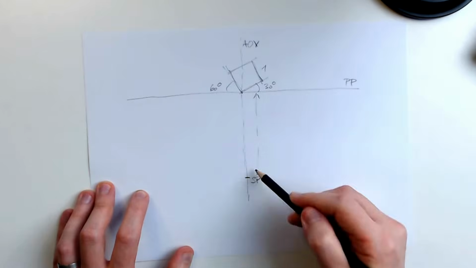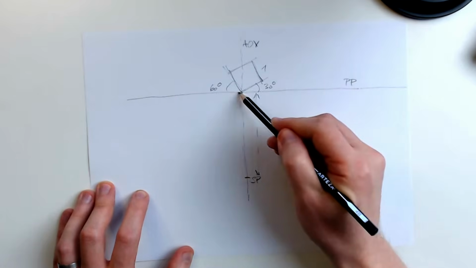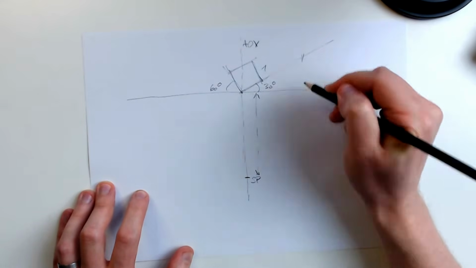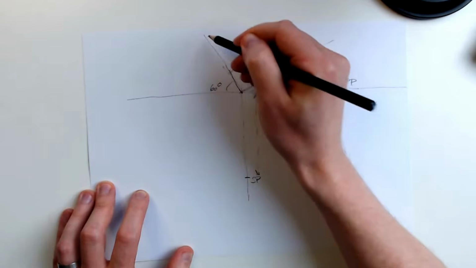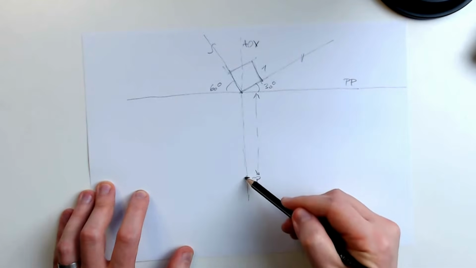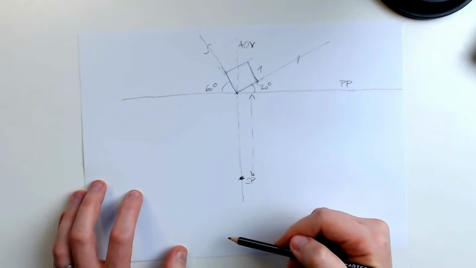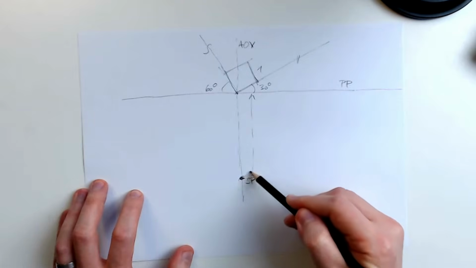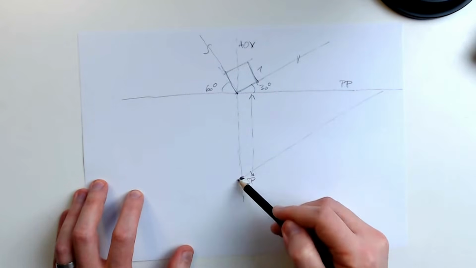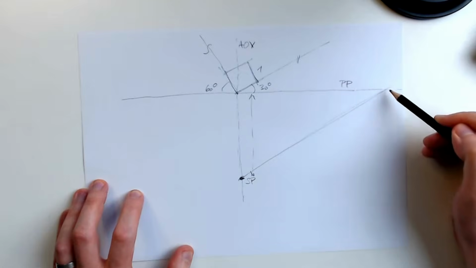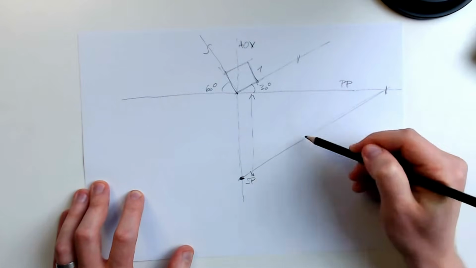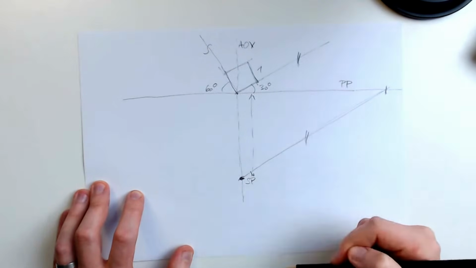And now what happens is that I would create parallel lines to this one and to this one from the station point. Meaning I would go like this, more or less. So this is the same.